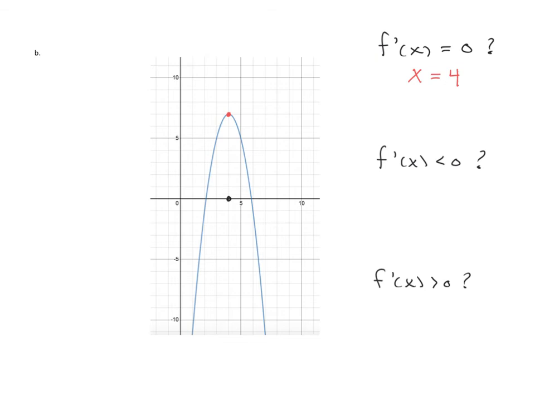So I'll plot 0 right there. Wherever your function is decreasing, your derivative is negative. So that's this part of the graph, which is from 4 to infinity. Now your derivative is positive if your function is increasing, and that appears to be from negative infinity up to 4.